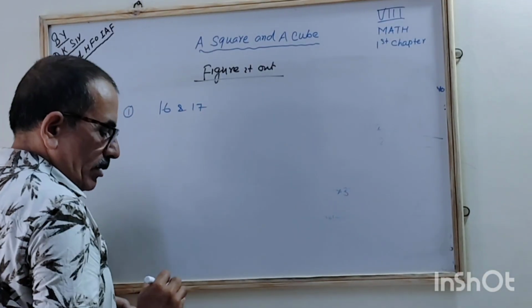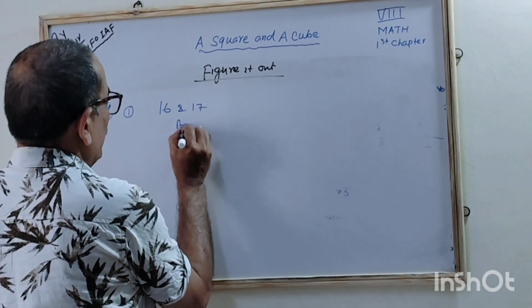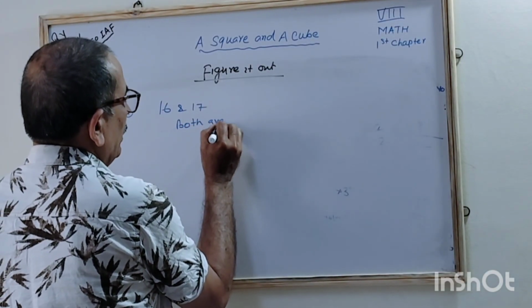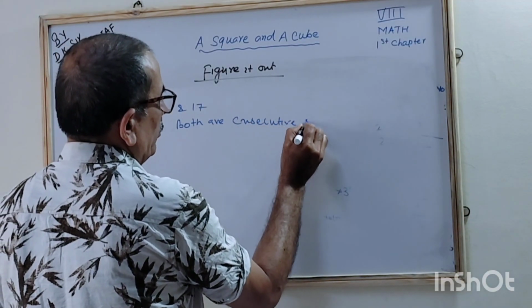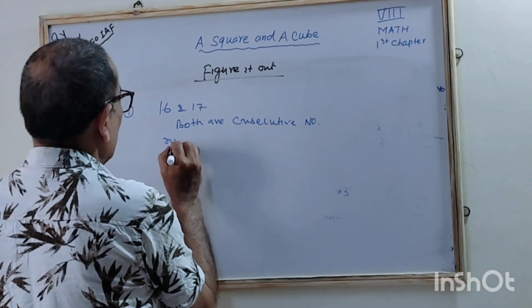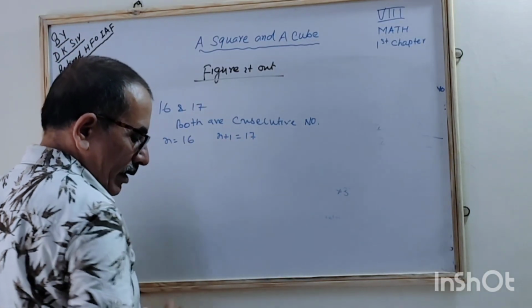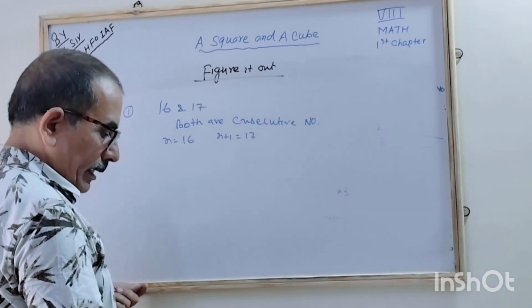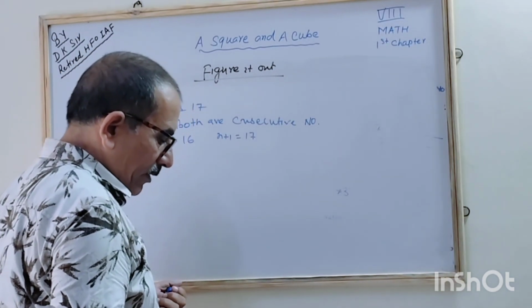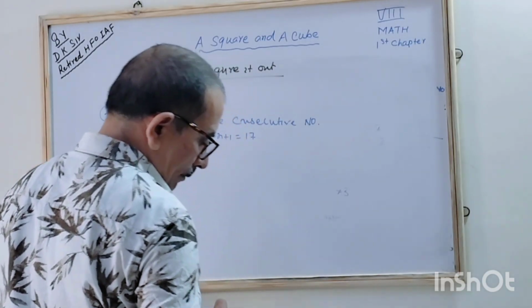Both are consecutive numbers, correct? So if we take n equal to 16, then n plus 1 is equal to 17. The number 2n will be lying in between the two.